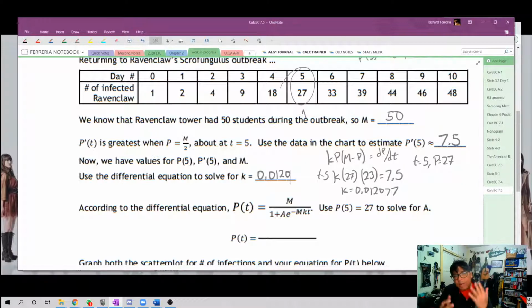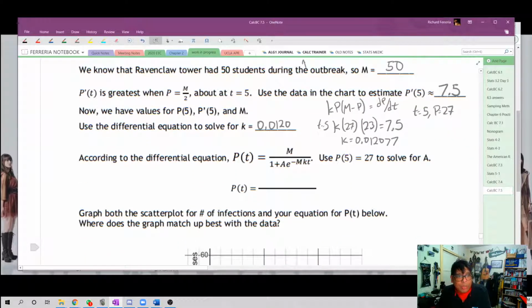k is about 0.012. Now, just like with the exponential growth equations, we're going to hold on to as many digits of k as we can, because just a little bit off on k is going to make a big difference in our population equation. Now, we're going to substitute the things we know into our equation for p.